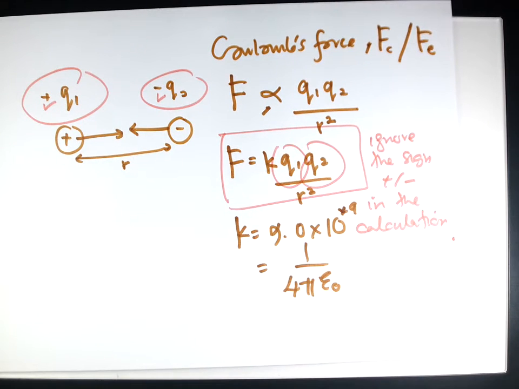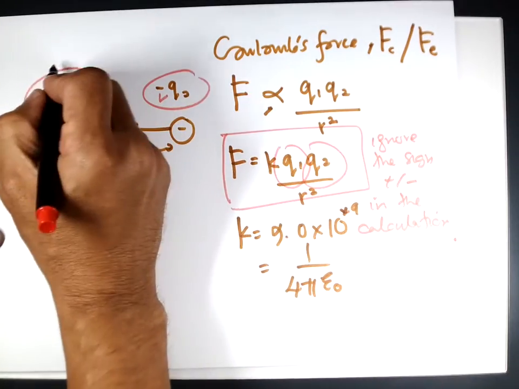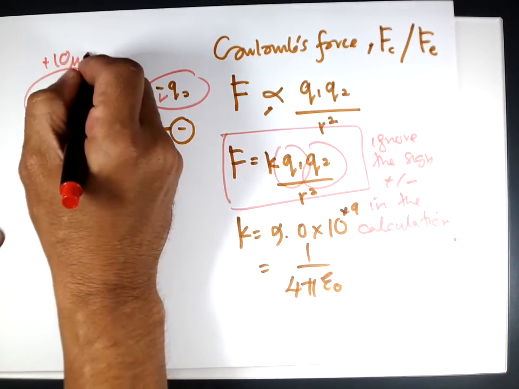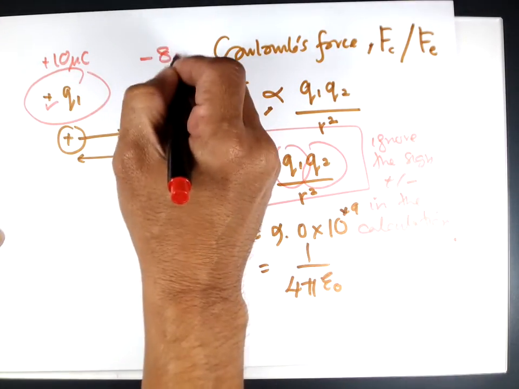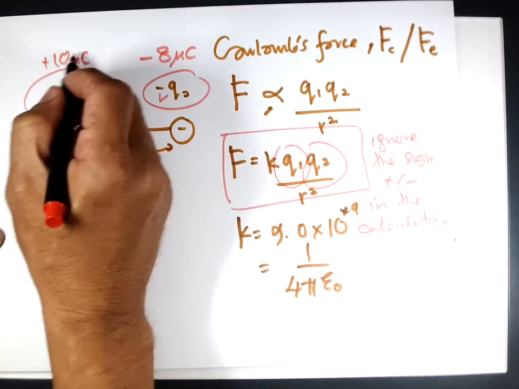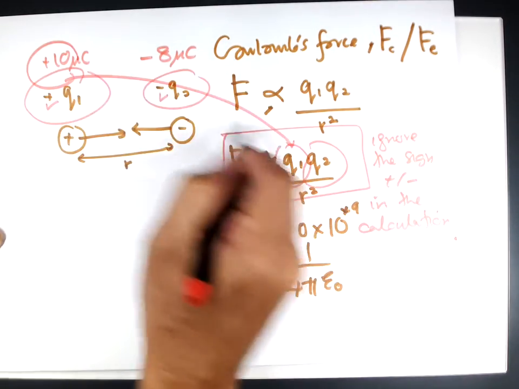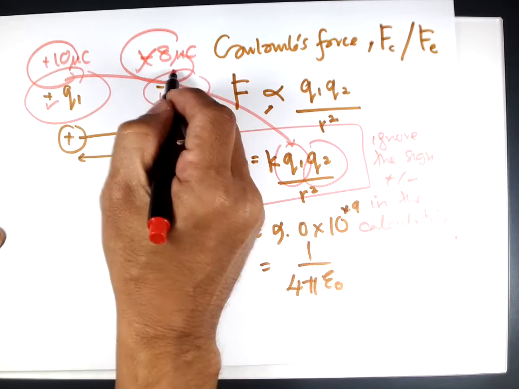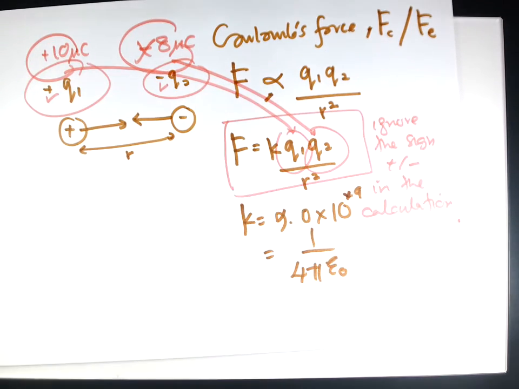Okay, ignore the sign means, let's say I have this one positive 10 microcoulomb, this one negative 8 microcoulomb. So when you masuk kat sini, this negative tak payah masuk. Just put 8, 10 to negative 6. Okay, so your answer always positive.